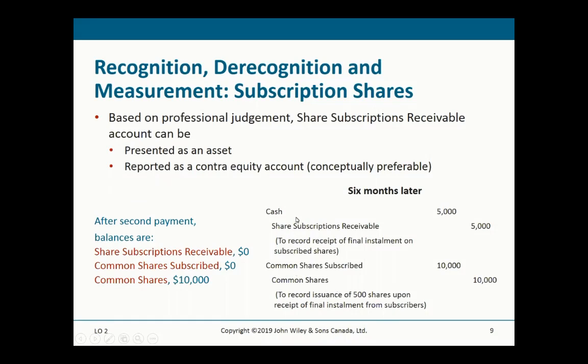Now, if there's a period end before the shares have been issued, then the common share subscribed account is an equity account, and the share subscription receivable could be shown as an asset or reported as a contra equity account. So it shows common shares subscribed, less common shares receivable, therefore a nil effect overall on the balance sheet.